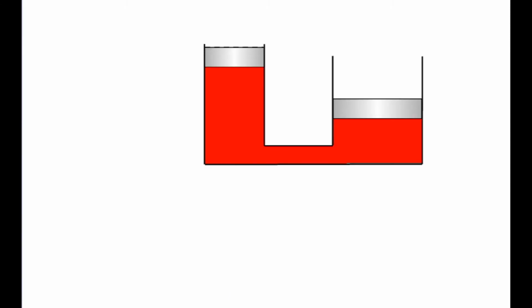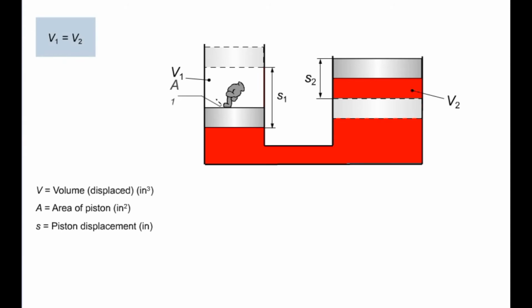Let's look more closely at how the force is transmitted by the lifting device. A force is applied to the smaller piston. This force divided by the surface area of the small piston generates pressure. The load is lifted by liquid being moved from the small to the large cylinder. Exactly the same amount of liquid is received into the large cylinder as is removed from the small cylinder. The volume of the liquid removed from the cylinder on the left amounts to the surface area of the small cylinder multiplied by its displacement.